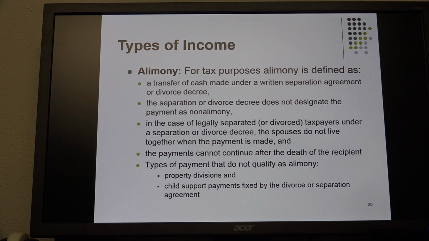That's usually not a problem, but sometimes it may be. And then last but not least, the payments cannot continue after the death of the recipient. That's usually not a problem because in the alimony agreement, it usually says that the payments stop at the death of the recipient.